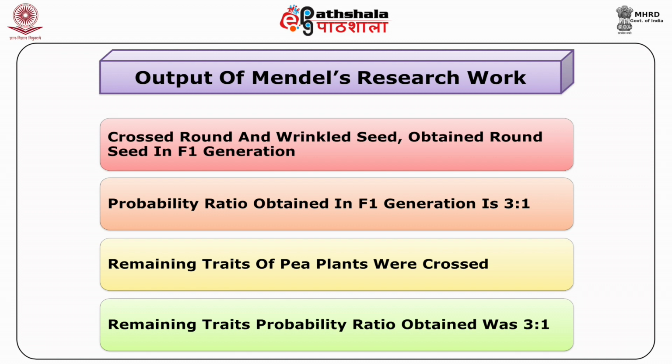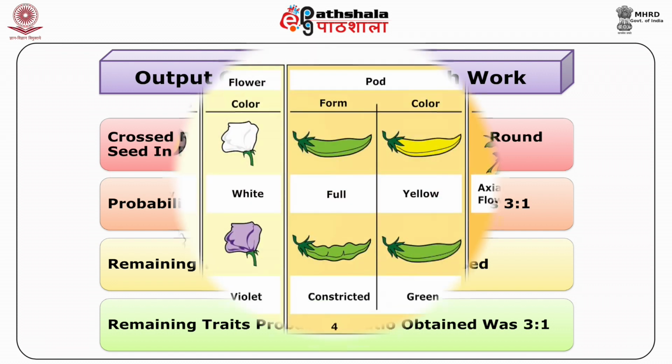The ratio obtained in the next generation is 3:1 for round and wrinkled seeds. In the same manner, the remaining traits of pea plants were crossed. One allele in each pair was dominant over the other. For all remaining six traits, the ratio obtained was 3:1.